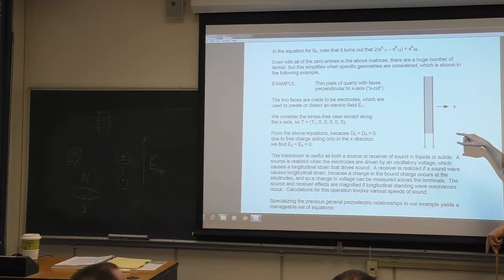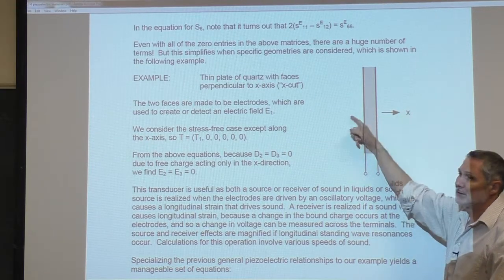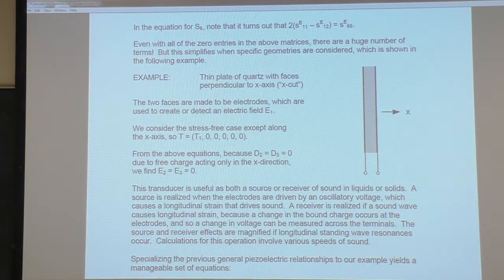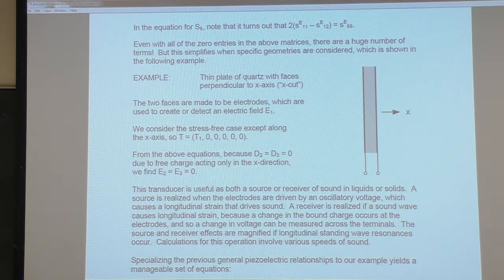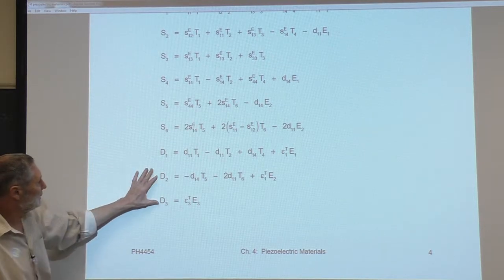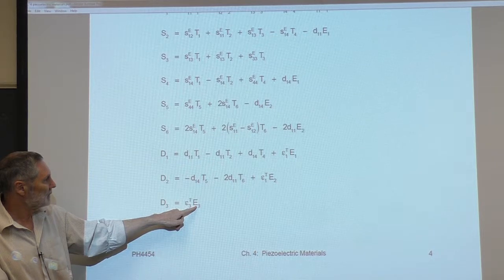We won't have a D2 and a D3, because there's no free charge transverse to this direction. If you look at the equations, with no D2 and no D3, that means there's no electric field in the 3 direction.